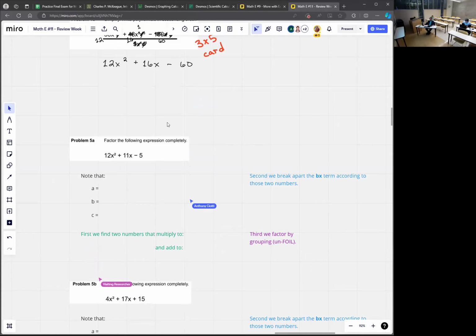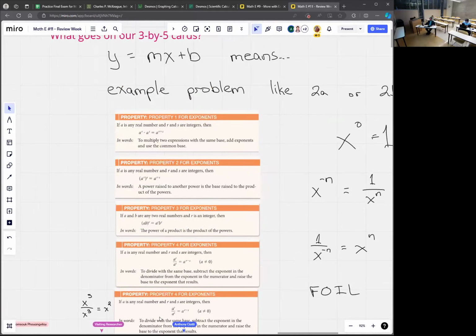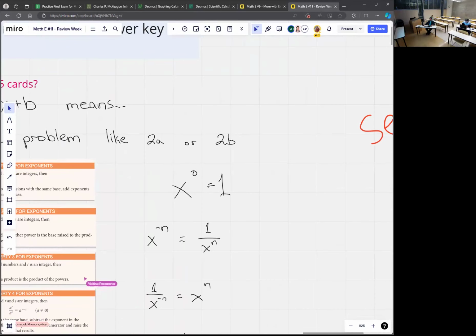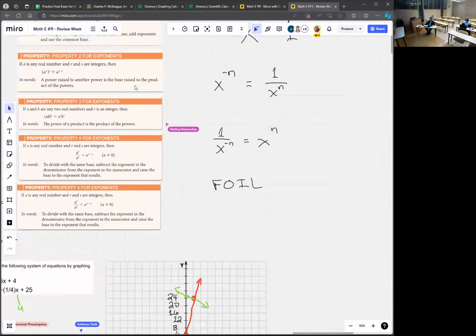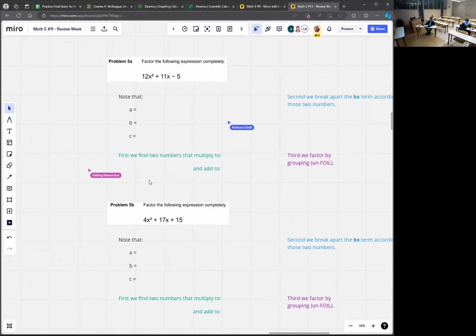The factoring process, we've done that some. So 5A, right, some example of the factor by grouping. If you look at the test, I'm not sure why the author that I have to mimic did it this way.